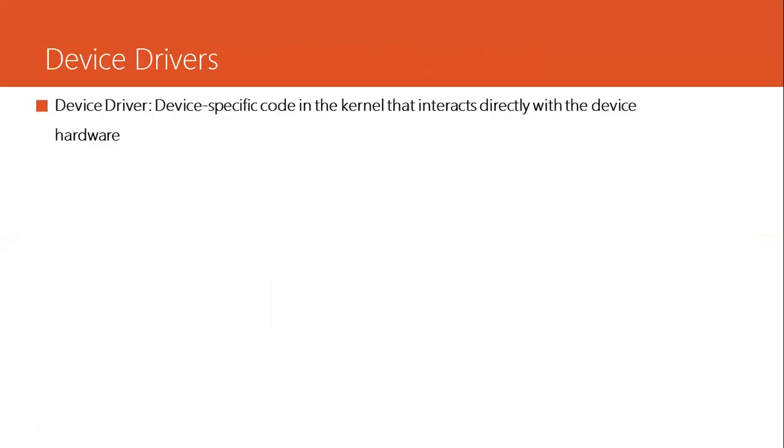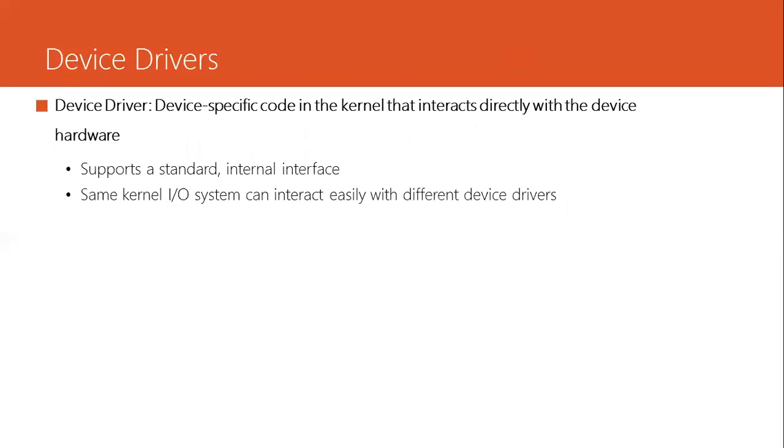The device driver is device-specific code in the kernel that interacts directly with the device hardware, and as we already know, it supports a standard interface to the operating system. The important thing is that from the top, the same kernel IO subsystem can interact easily with different device drivers.